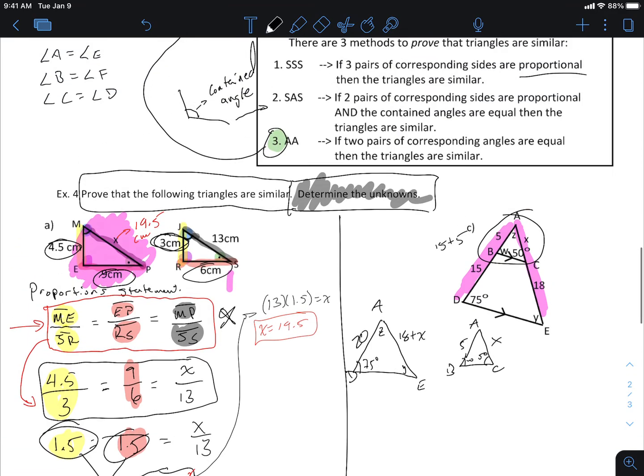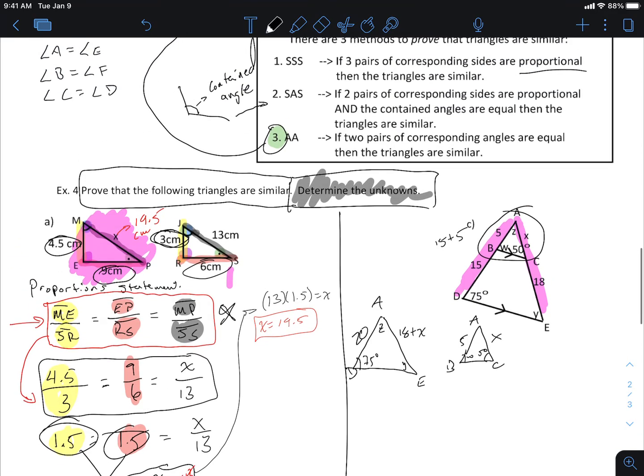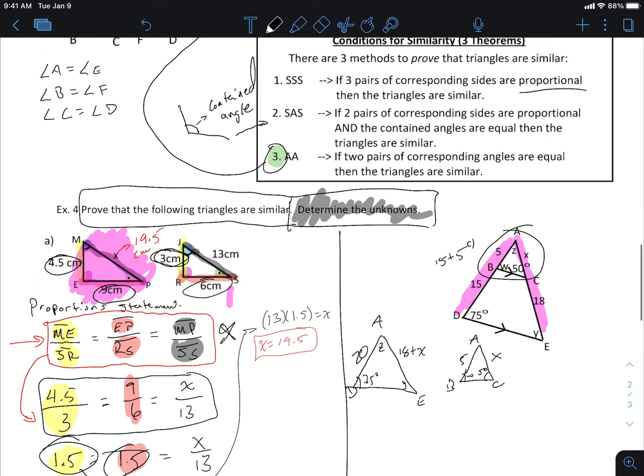If I go back up here and just have a look at my rules, we're just trying to prove whether or not these two things are going to be similar.